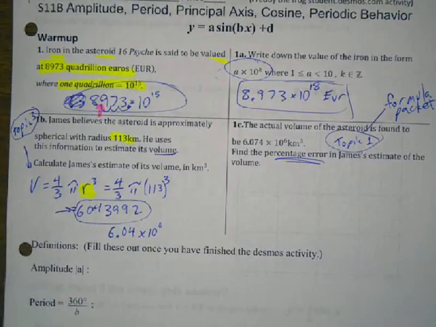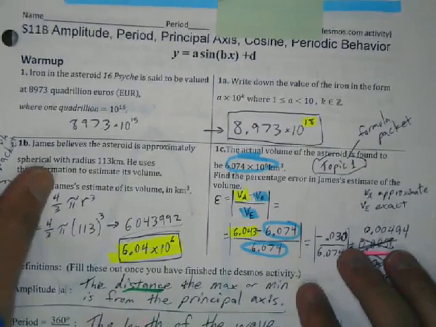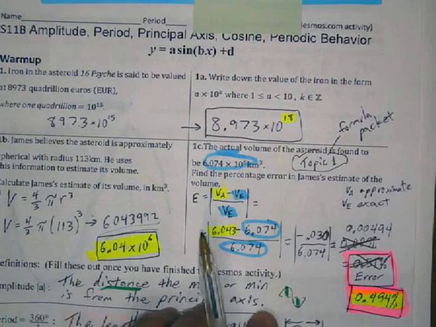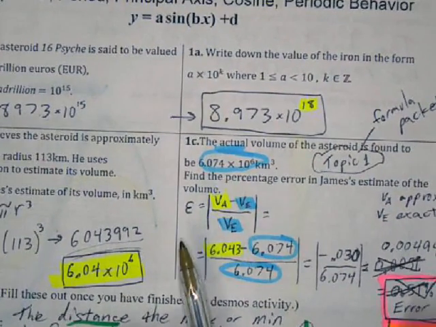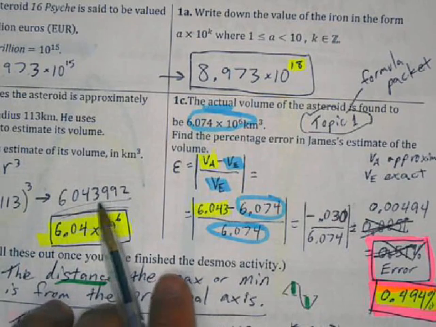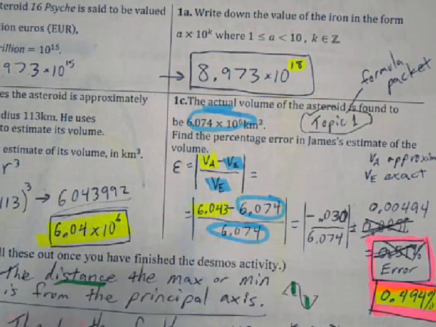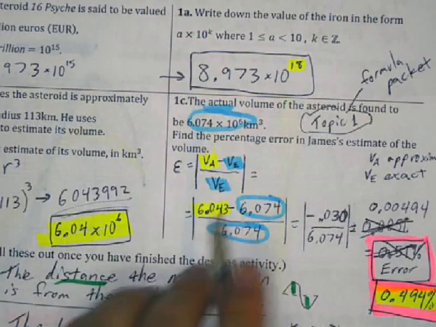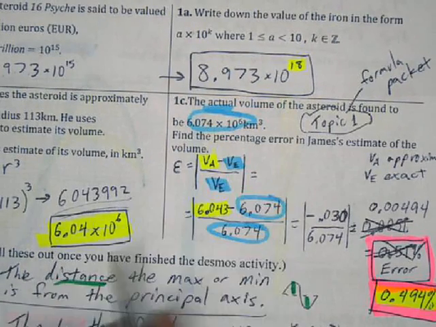Okay, and so now I've done my calculations, and our approximate value was the 6043992. I'm going to move the decimal there and forget the 10 to the power of 6 for all of these.